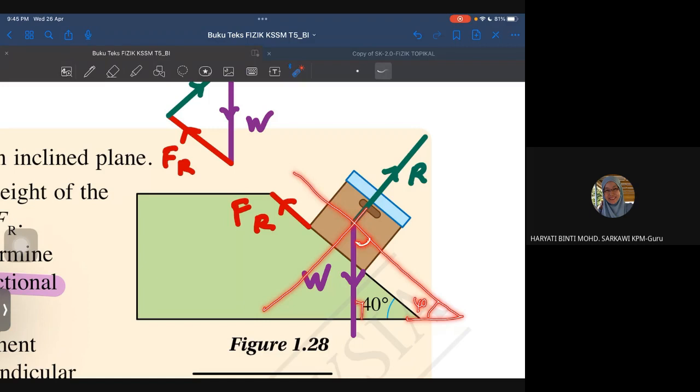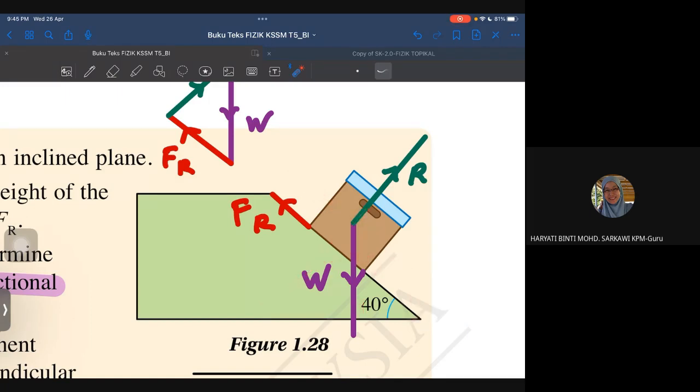That means this theta, how much is that theta? Yes, this is 50. This here is 90 degrees, so this alpha, how much is the alpha? Yes, 40. Can understand?